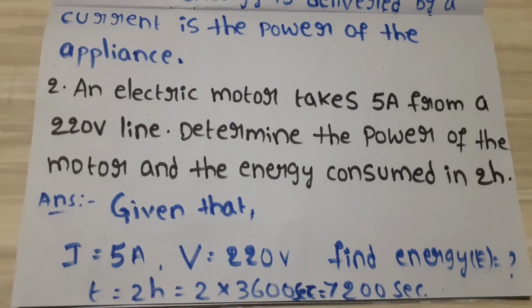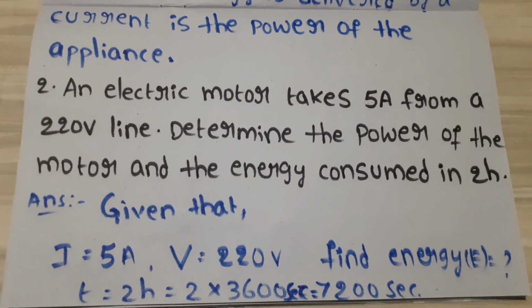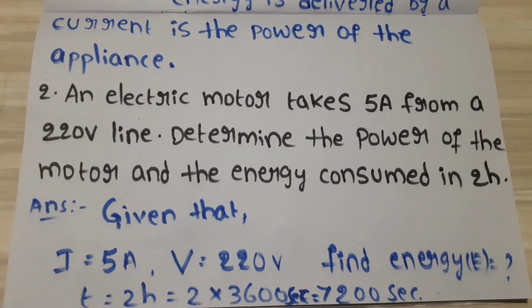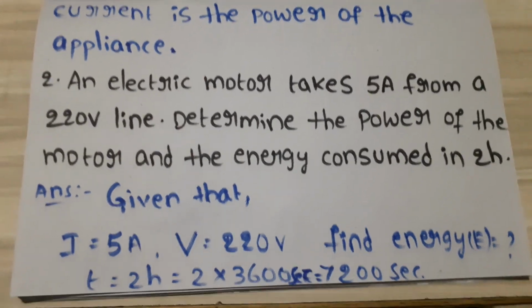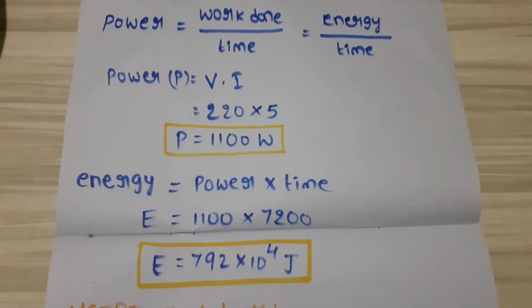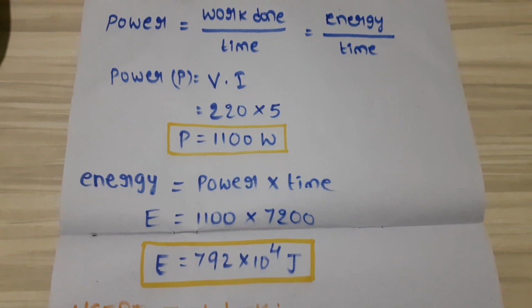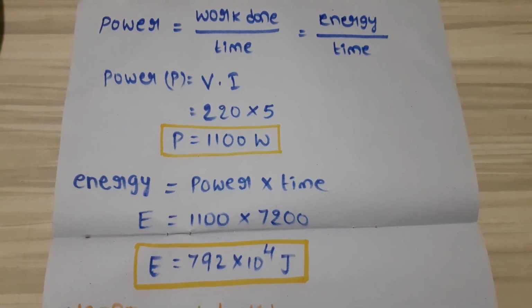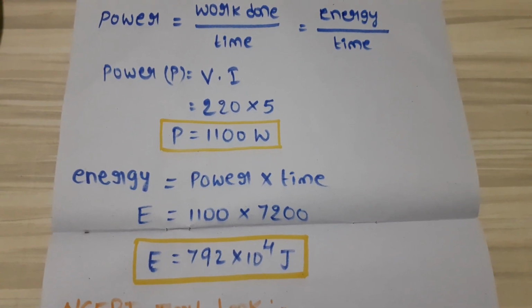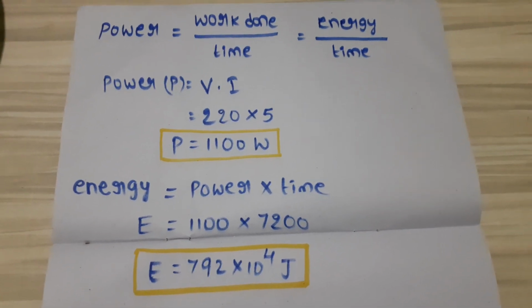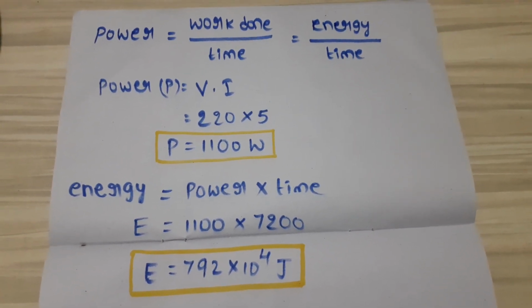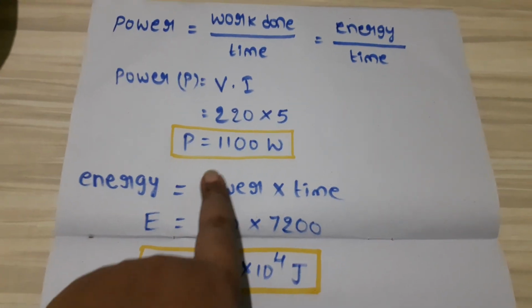First of all, note down the values. I equal to 5 ampere, V equal to 220 volts. Power equal to work done by time. Work done is nothing but energy, so power equal to VI.